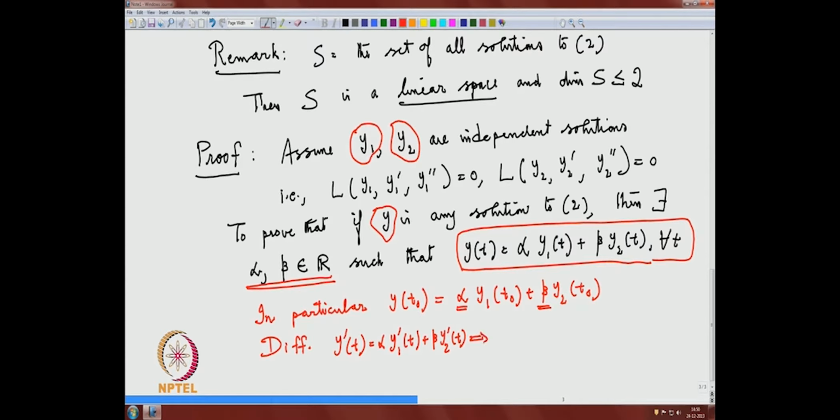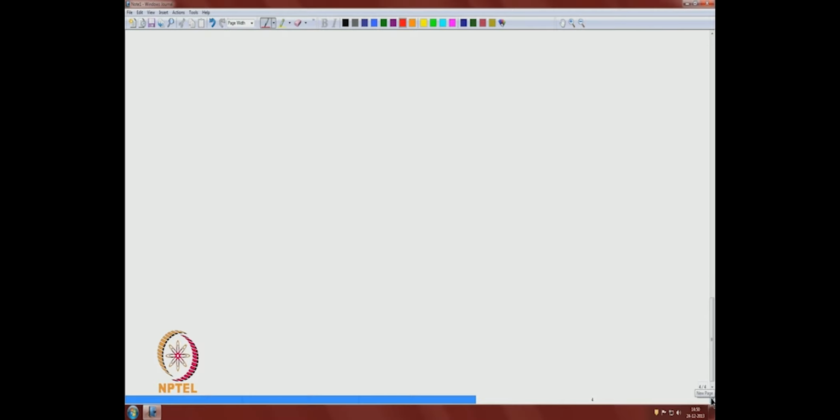That implies y prime at t naught, which is also given to you because y of t is given to you for all t, is equal to alpha y1 prime at t naught plus beta y2 prime at t naught. So, we have two equations for two unknowns. The question is whether we can solve for alpha and beta, and that is what we are going to see.